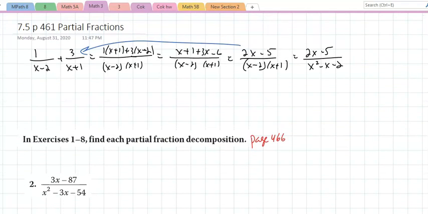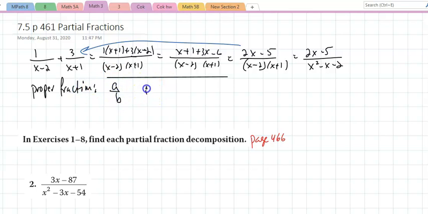So, here's the deal. First, we need to get proper fractions out of the way. We have a proper fraction: A over B is proper if B is greater than A, and of course, B doesn't equal 0.